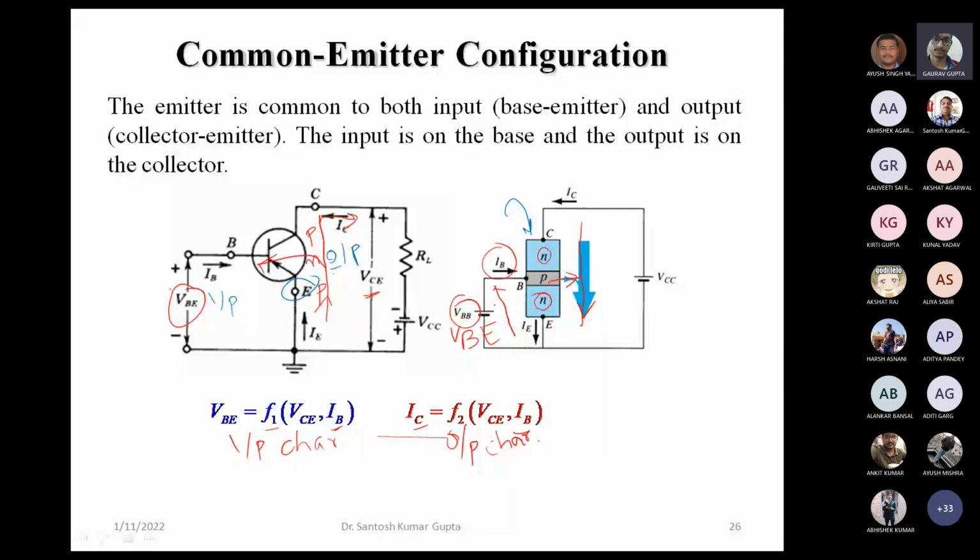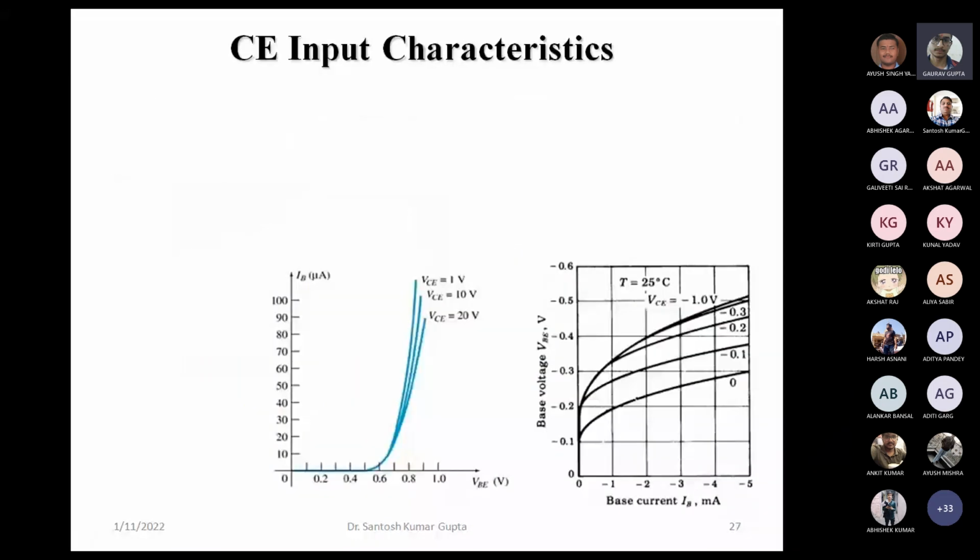And here it is VCC, but most of the times this is also called VCE because this is applied between collector and emitter, and the current is here IC. So the output characteristic is between IC and VCE, and the input characteristic is between IB and VBE, for different other parameters, whether they are constant or varying.